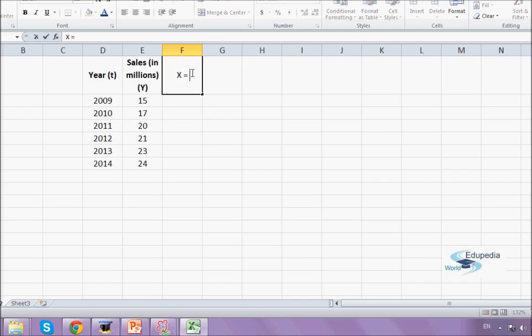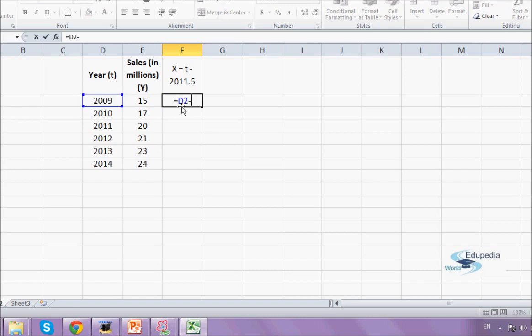So my x would be equal to t minus 2011.5. When we do that, we'll not get the values straight away.